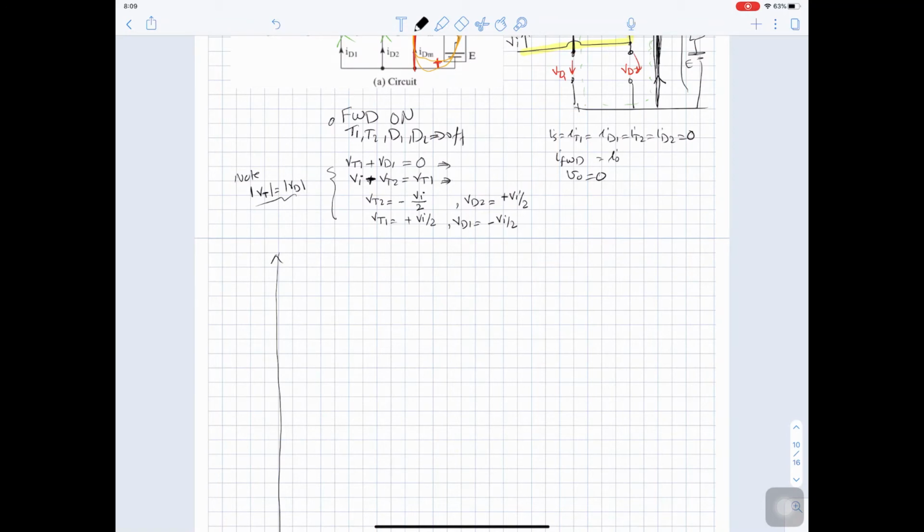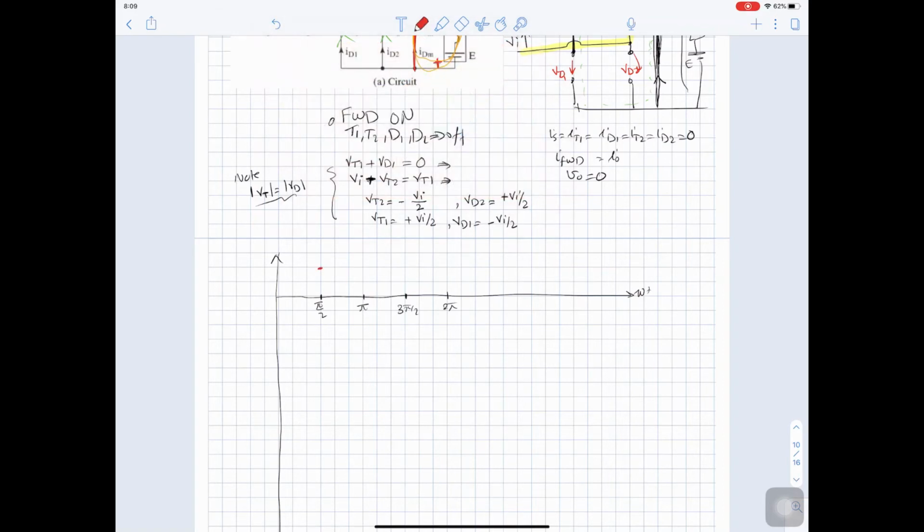So I will do the same as we did before. So here is omega t. So I will use this as pi over 2. Here is pi, 3 pi over 2, 2 pi.